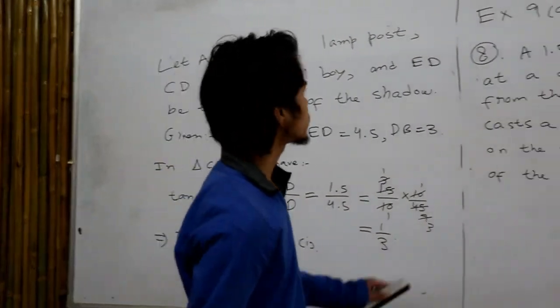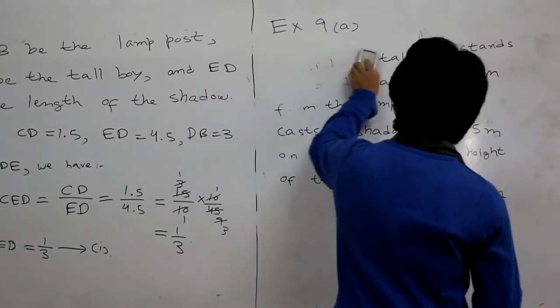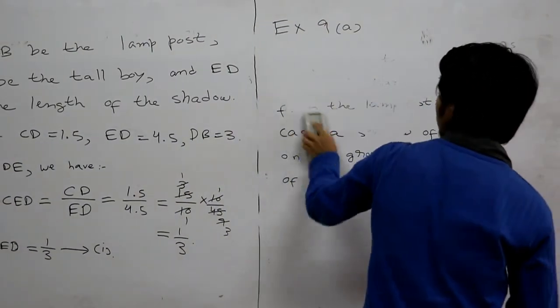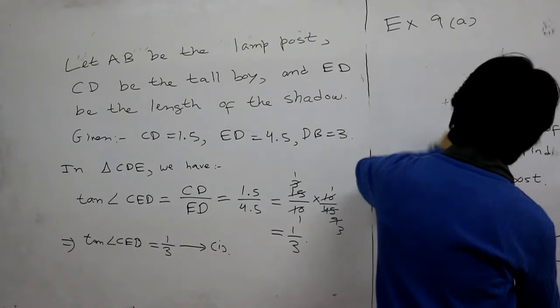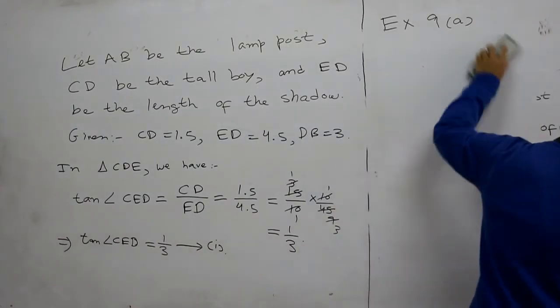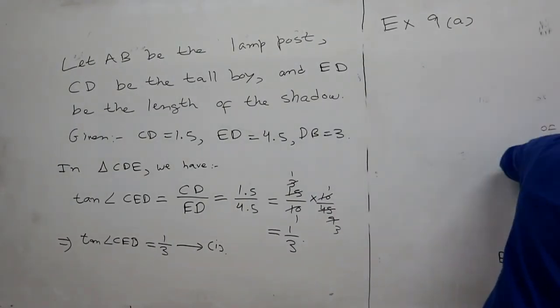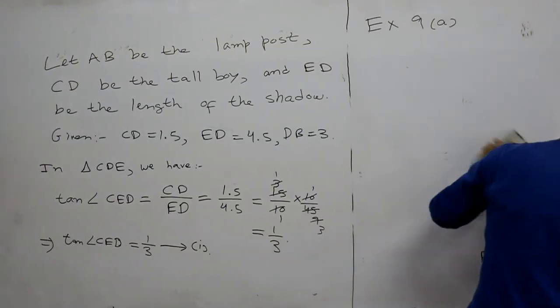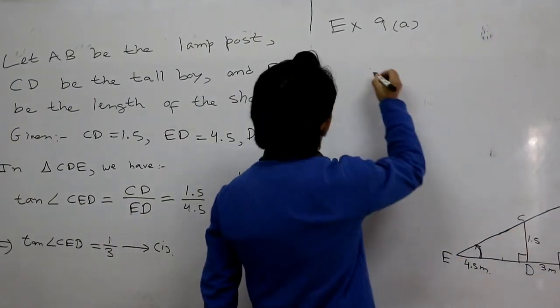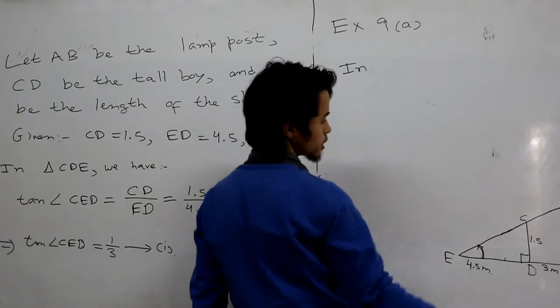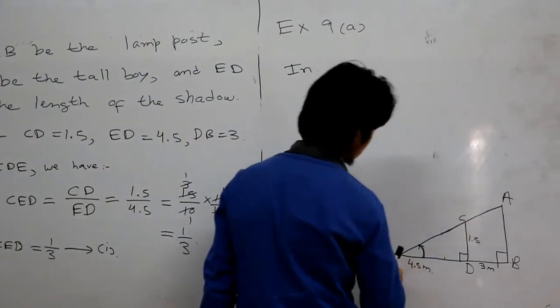Next we'll use the other right angle triangle, triangle ABE.